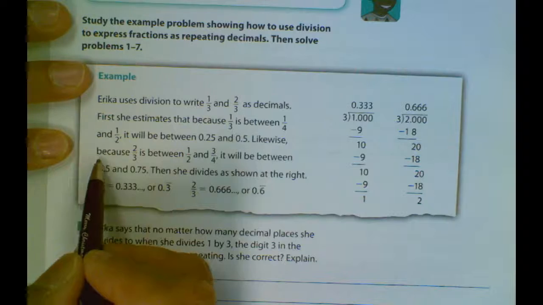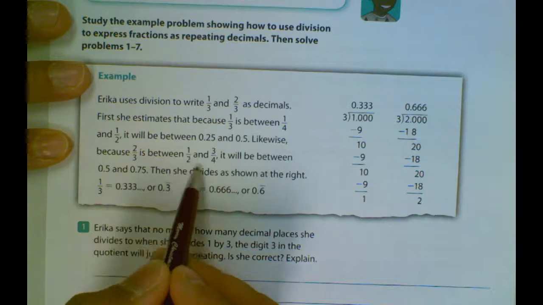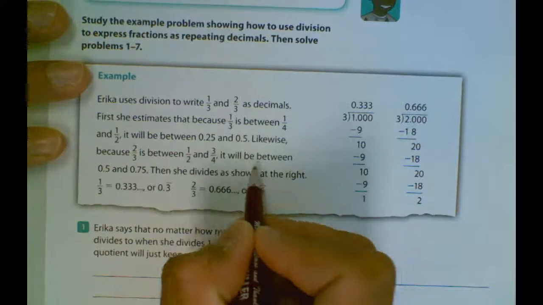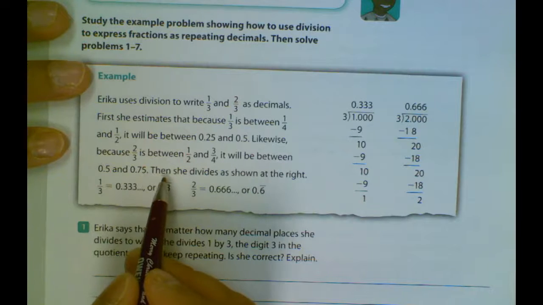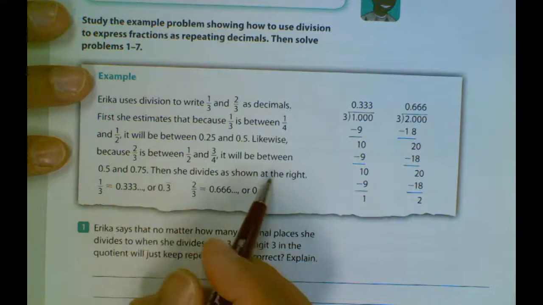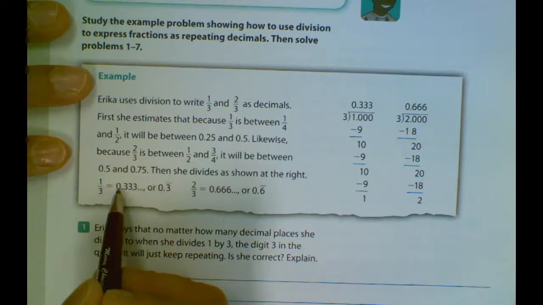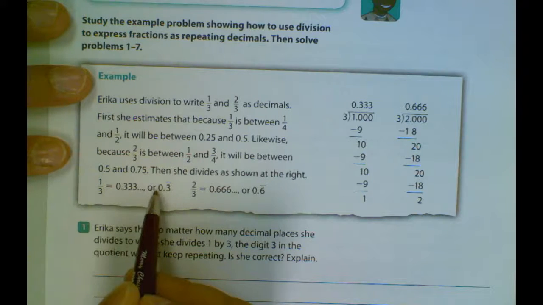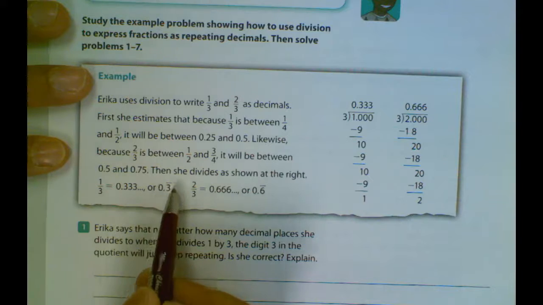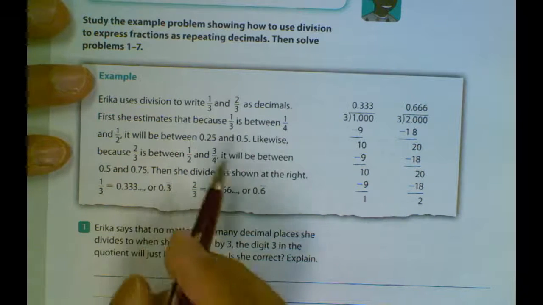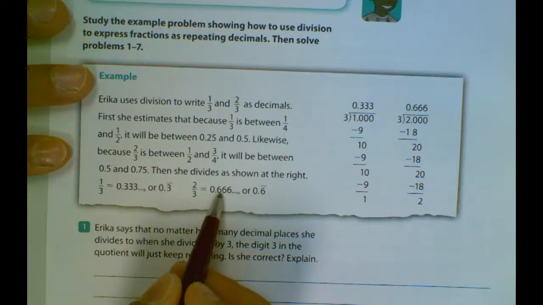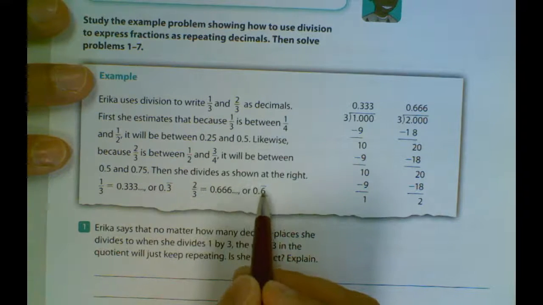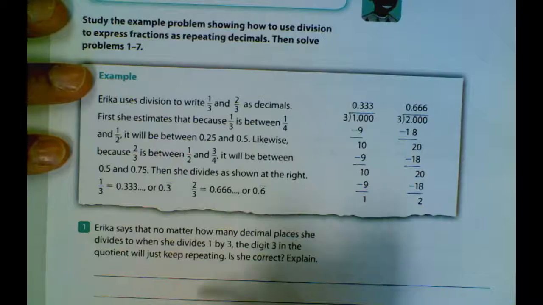Likewise, because 2/3 is between 1/2 and 3/4, it will be between 0.5 and 0.75. Then she divides as shown at the right. So 1/3 is equal to 0.333 or 0.3 with a dash on top, and we did that one in class. Then we have 2/3 equals 0.666 or just 0.6 with the dash on top.